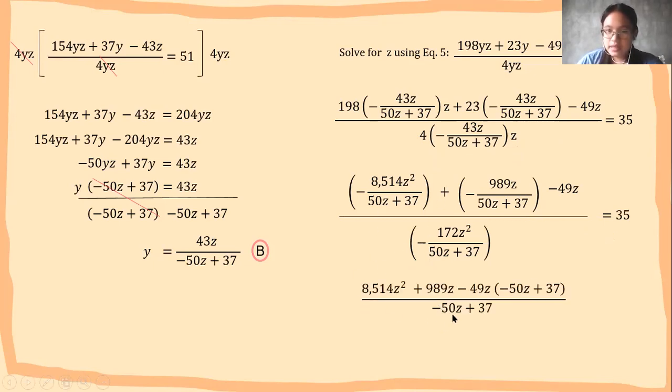Then, let's find the LCD, which is negative 50z plus 37. So we will just have to copy the numerator. We have 8,514z squared, then 989z minus 49z, then multiply it into negative 50z plus 37, over 172z squared over negative 50z plus 37 is equal to 35.